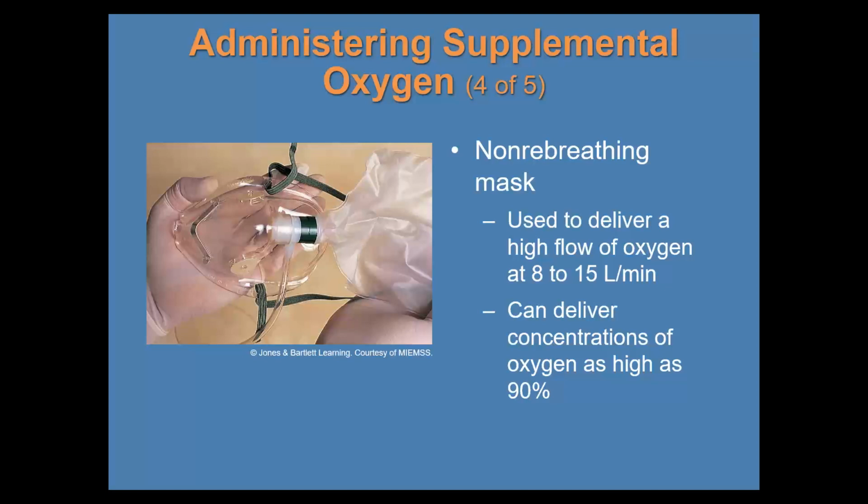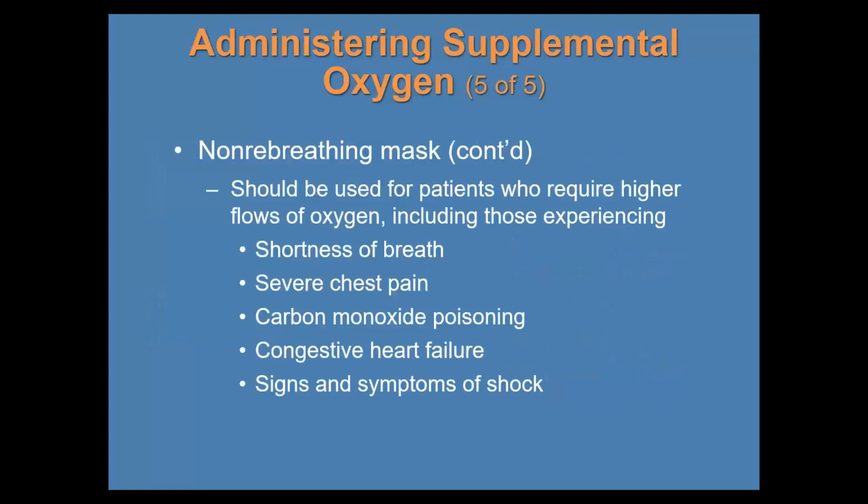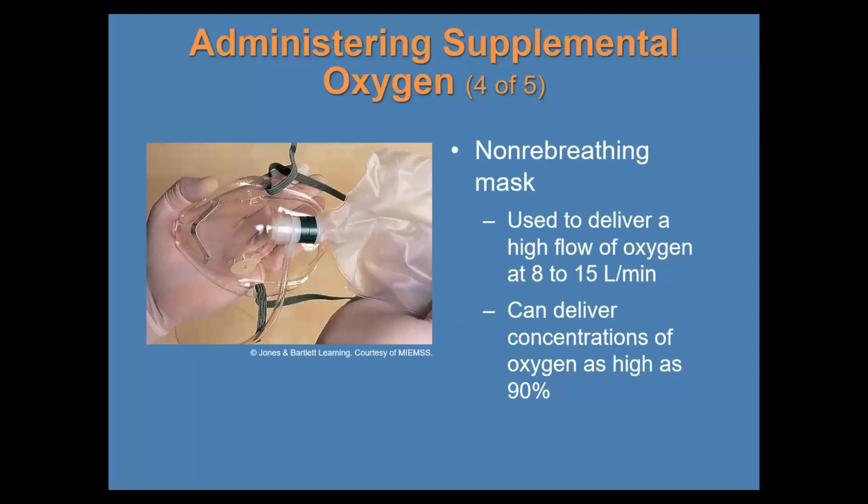When we turn on the air and set our liters per minute on that mask, we want to put our clean gloved thumb over the top of the one-way valve inside going to the bag. That lets the air fill up the bag.